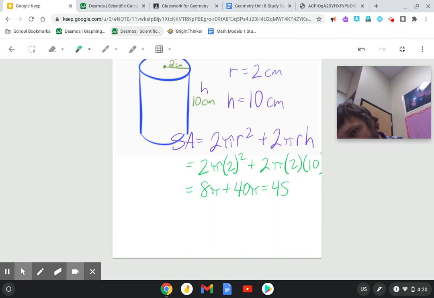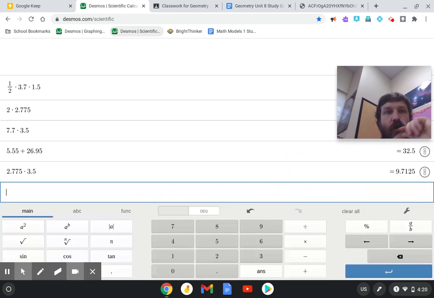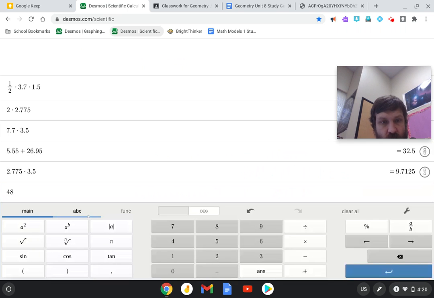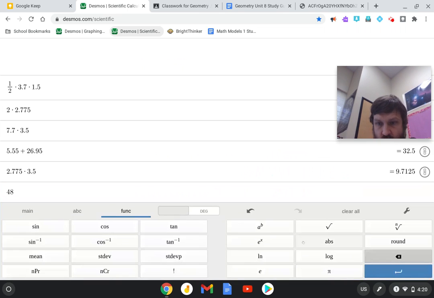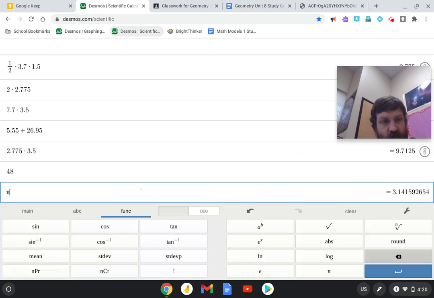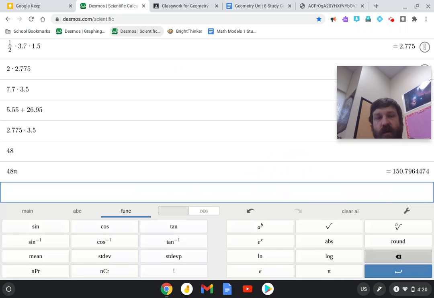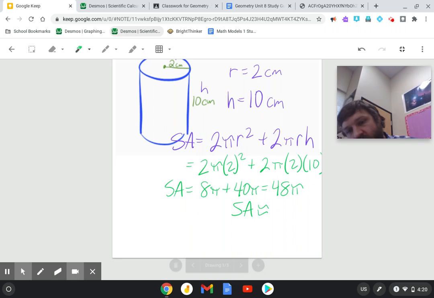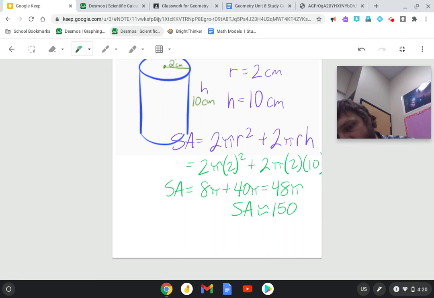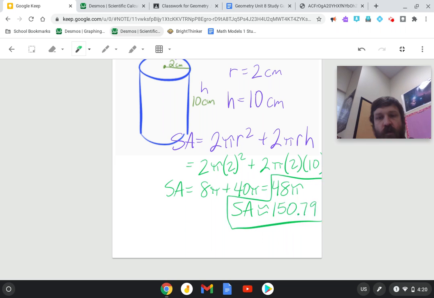So that would be 48 pi, also equal to, for whatever 48 pi is, 48 times pi. There it is. 150.79. That's an approximation, but that's okay. Either one of those are going to be good answers, 48 pi or the rounded answer, 150.79.